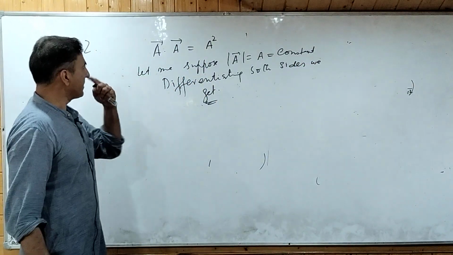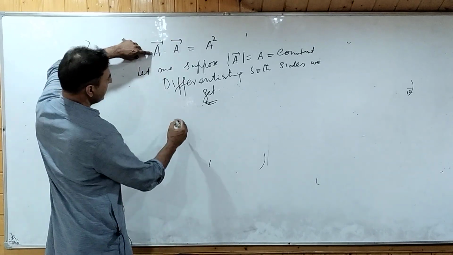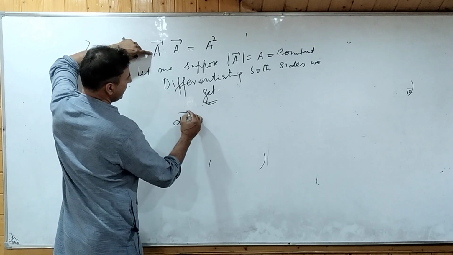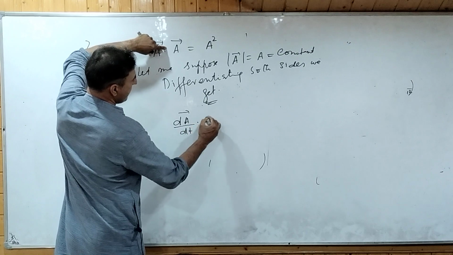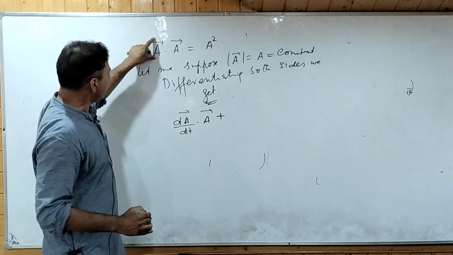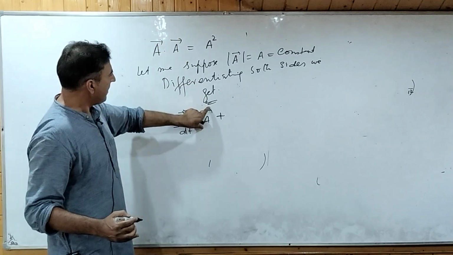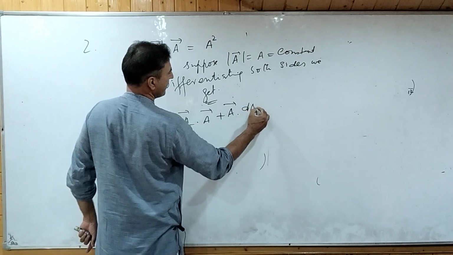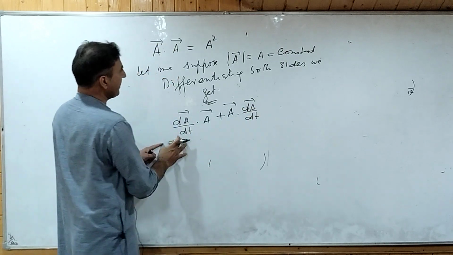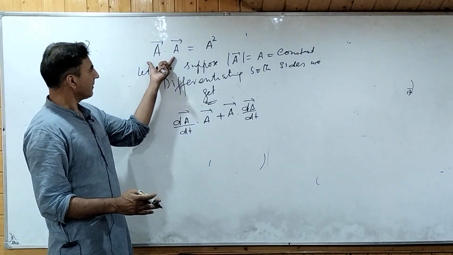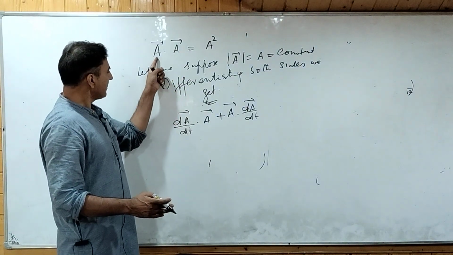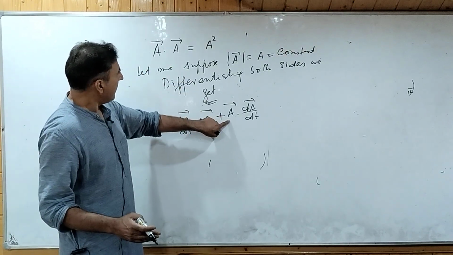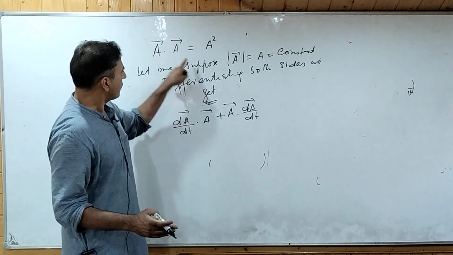Okay, I will differentiate this. Differentiation of A, that is dA with respect to time, dA by dt dot A, plus I keep this as it is and differentiate the other one, dA by dt. This is the differentiation of the left side. I differentiated this A, kept this A as it is, then keep this as it is and differentiate this.